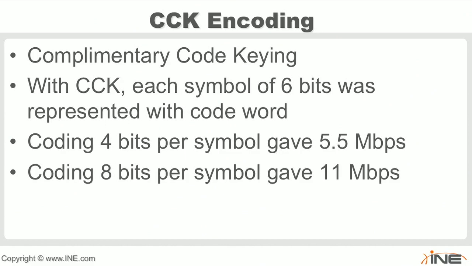Moving on, we had something later called CCK, or complementary code keying. With CCK, basically each symbol, or each chip, of 6 bits was represented with a code word. Coding of 4 bits per symbol gave us 5.5 megabits per second. Coding with 8 bits per symbol gave us speeds up to 11 megabits per second.